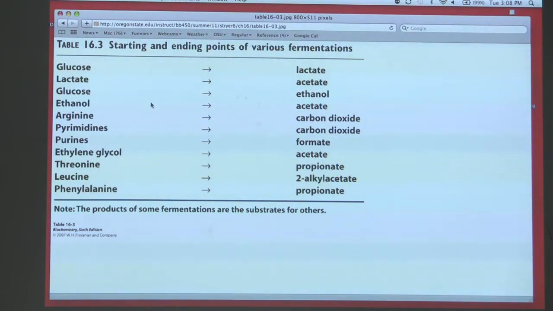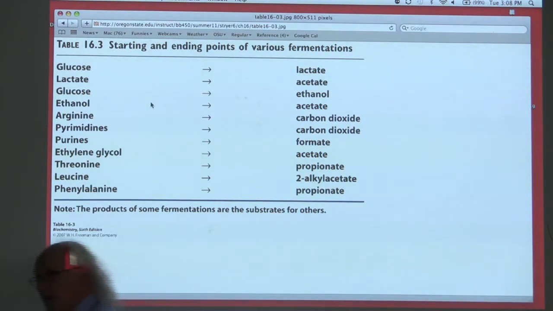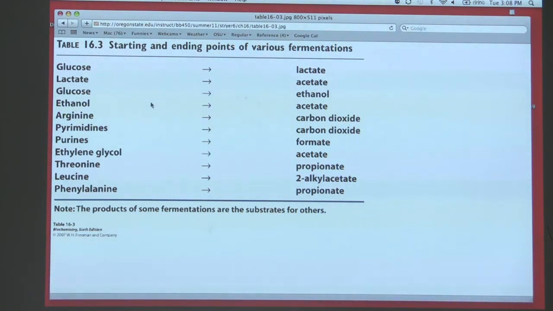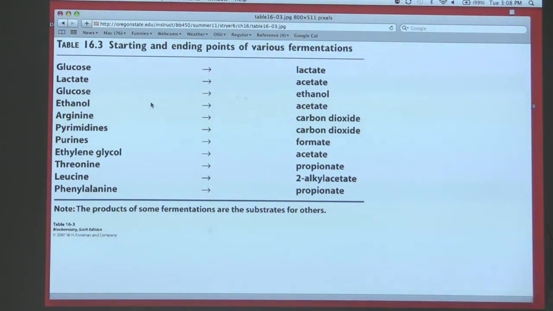Here are some of the products that can be made during fermentation. And I should point out that the word fermentation simply means that the cell doesn't have oxygen going on. So our muscle cells undergo fermentation when they don't have oxygen going on. Fermentation doesn't mean just the production of ethanol. It simply means products that are made in response to low oxygen conditions. So different organisms produce different things. Of course, lactic acid is what we produce.